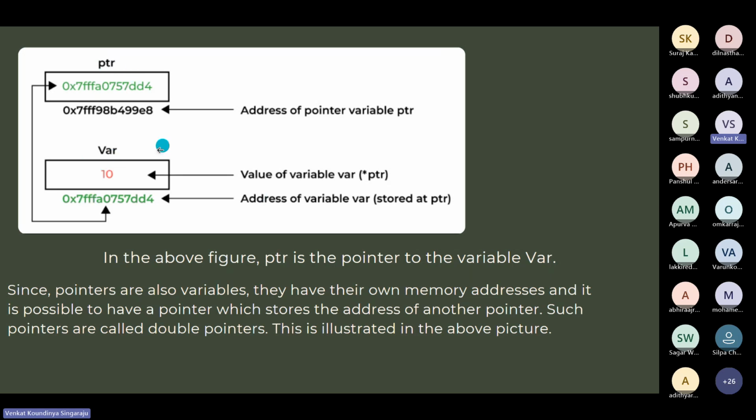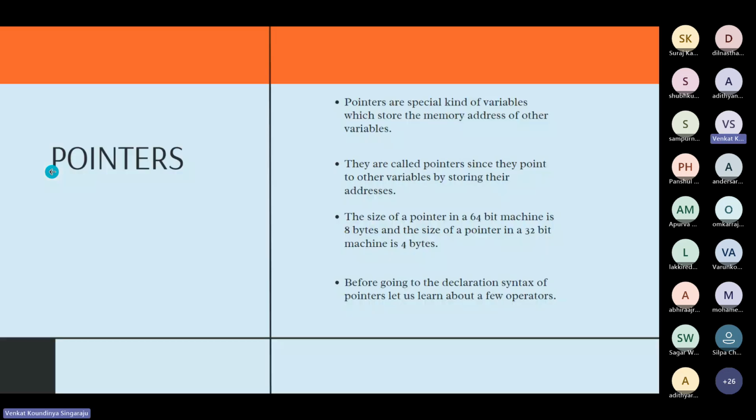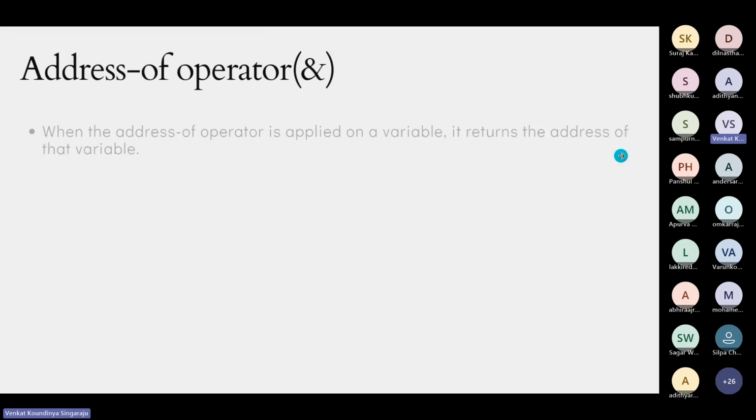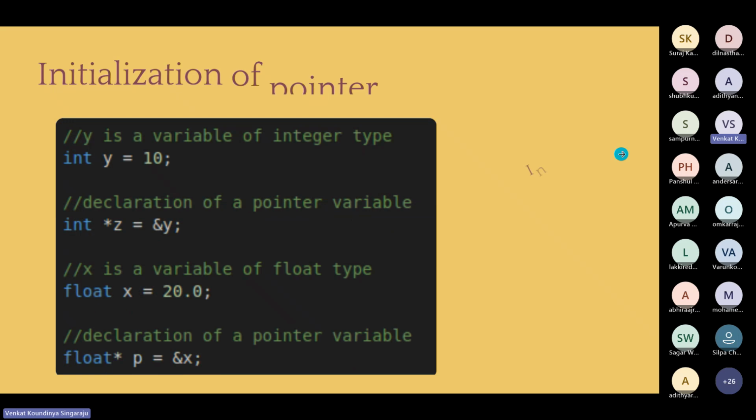Now ptr is an integer pointer and it points to var. So ptr has the address of var. In one of the previous slides, we have seen that pointers are special kinds of variables. So pointers are also variables, so even they have a certain address.